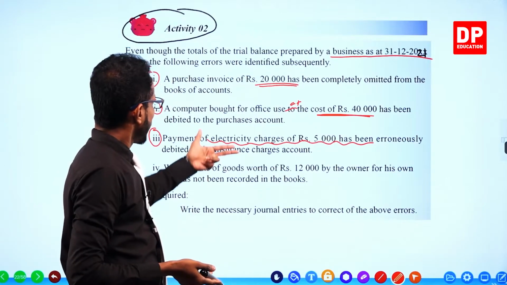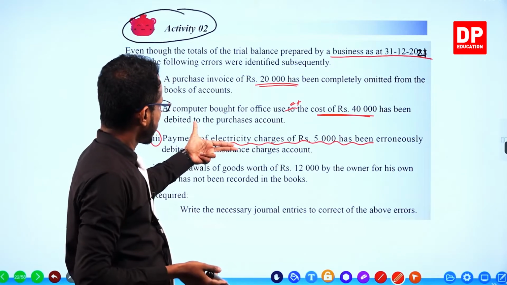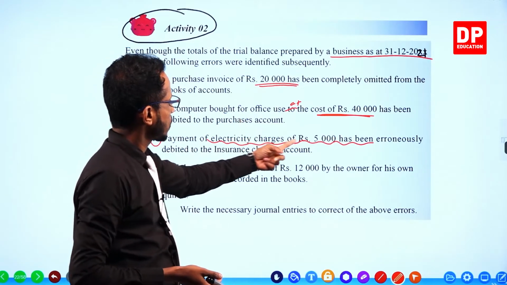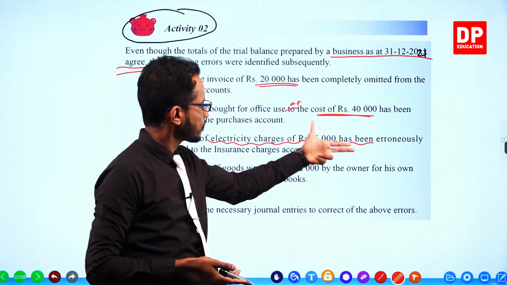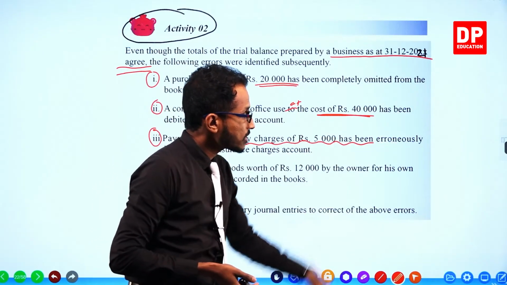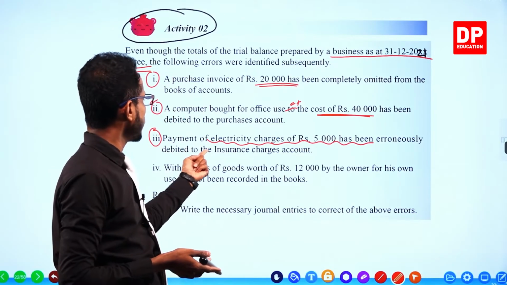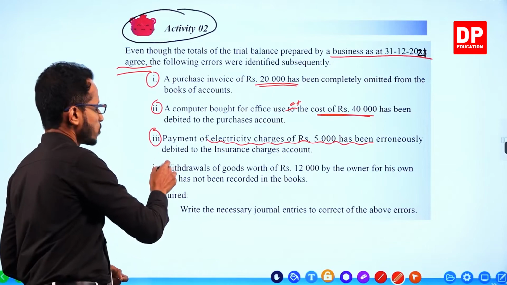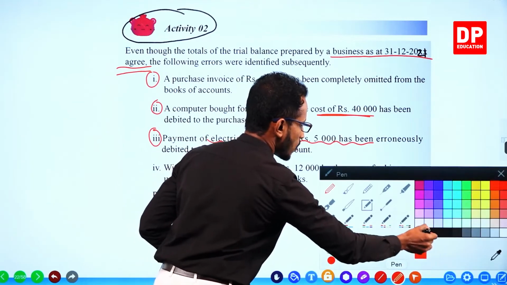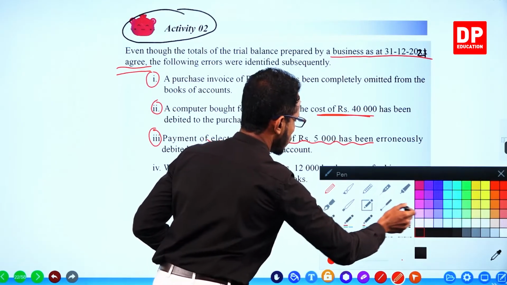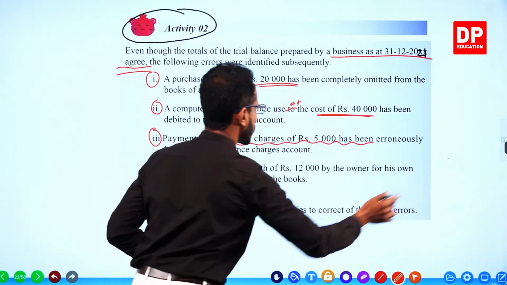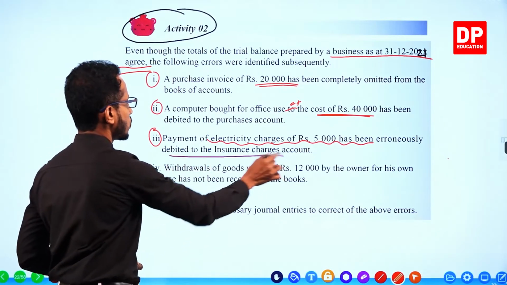Electricity account has been paid, okay? But erroneously, by mistake, debited in the insurance account. So this is recording the correct amount in the wrong account again.